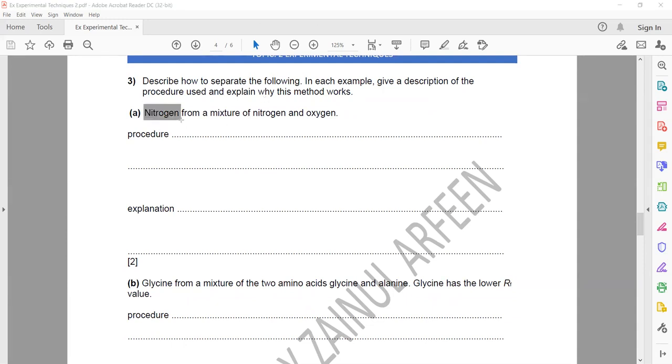So when two or more gases are there, we also use fractional distillation. So the procedure or the method which we will use is fractional distillation. And why will this method work, what is the reason?